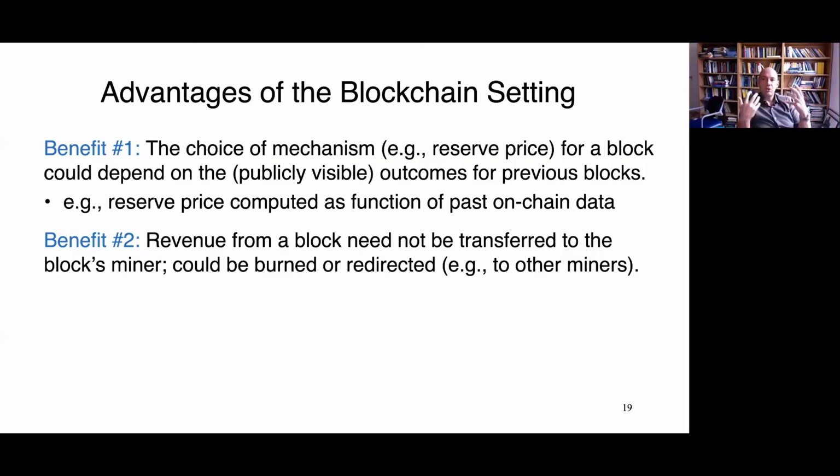So miners control the allocation, protocol controls the flow of the payments. Okay, so that's also very nice. There's a lot of flexibility in what to do with the payments paid by the creators of transactions that get included in a block. Okay? And the new Ethereum transaction fee mechanism will make crucial use of both of these opportunities.